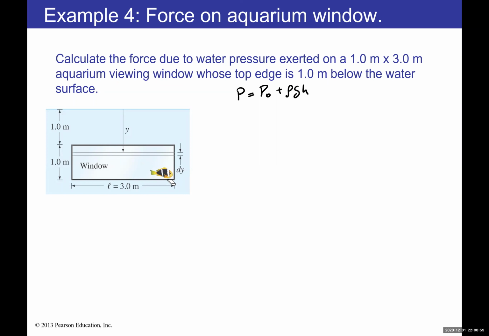All right, so the way we approach this, we choose some kind of a sample strip, this guy over here. It has a size dy, and it is a distance y from the top. You can see it has dy as its thickness, but its length is 3 meters, along the entire aquarium.